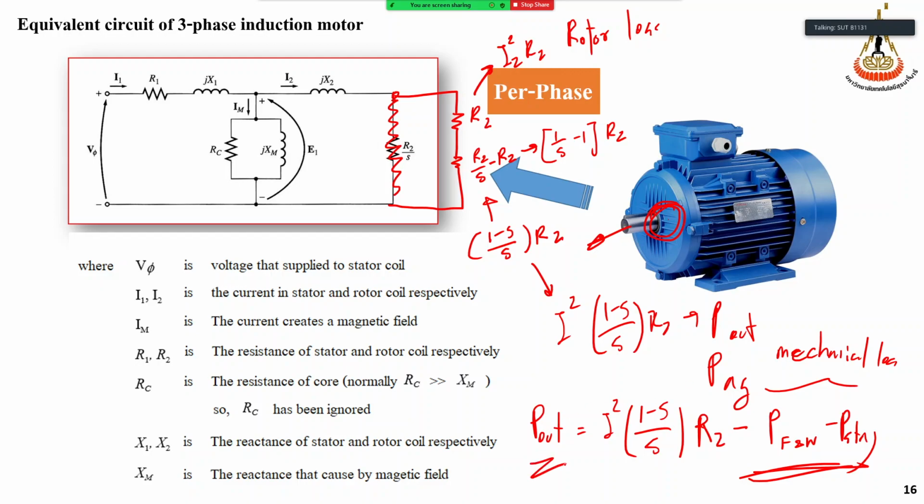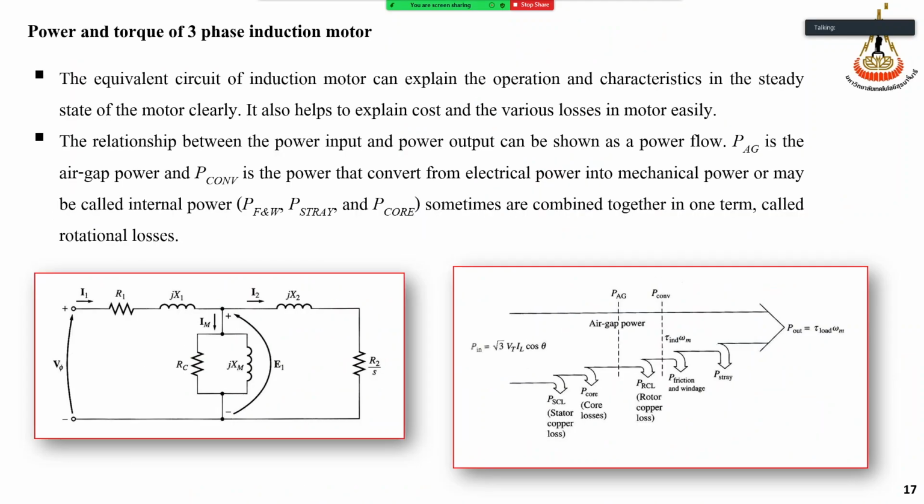The mechanical loss usually has two types: friction and windage loss, and stray loss, which is usually a very small value, maybe less than 1% of the motor power.